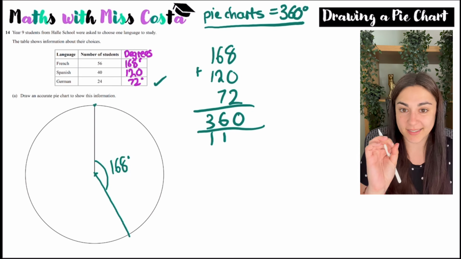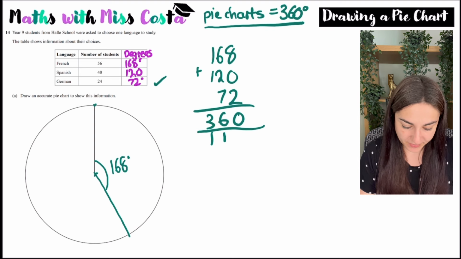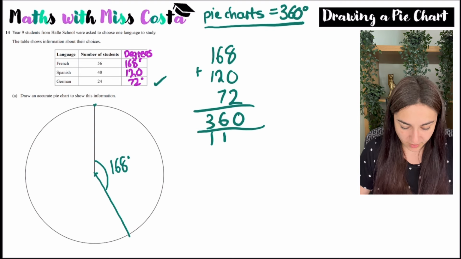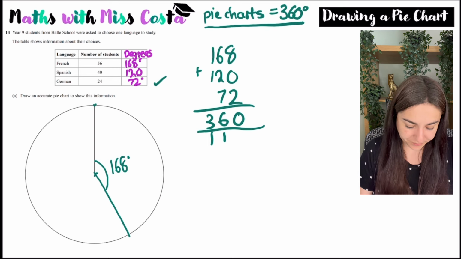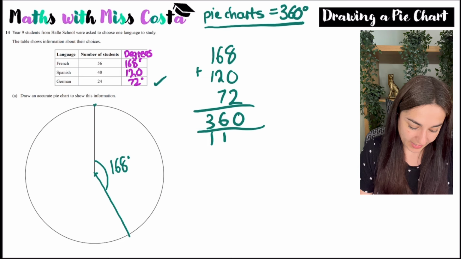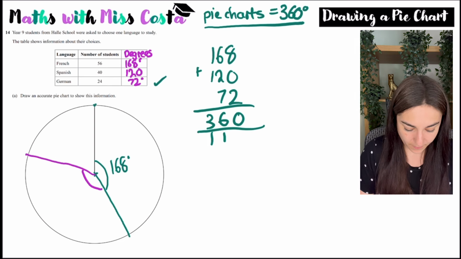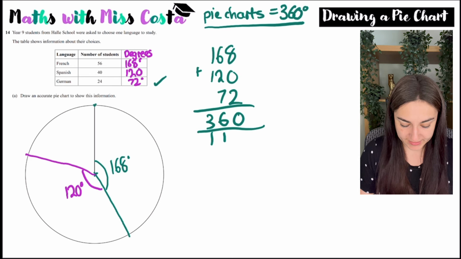Then we've got 120. Once again, you start with your protractor and we would get over here 120 degrees. And the final one, check that it makes 72 degrees.